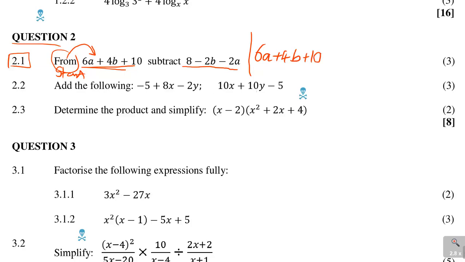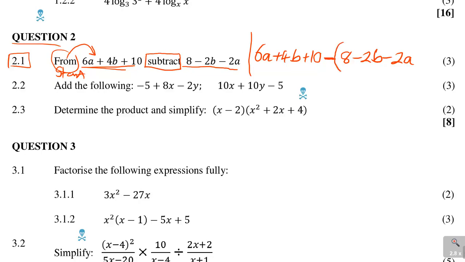So from that, subtract. Subtract means minus. Now, minus what? Subtract 8 minus 2b minus 2a. If you wrote it like that, trust me, you have got it wrong already. You are not going to get it right. The reason being this word subtract. Yes, subtract means minus, but where is the error?